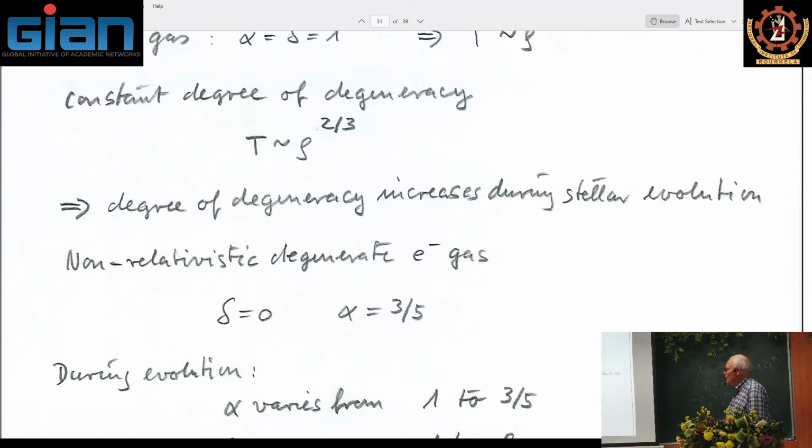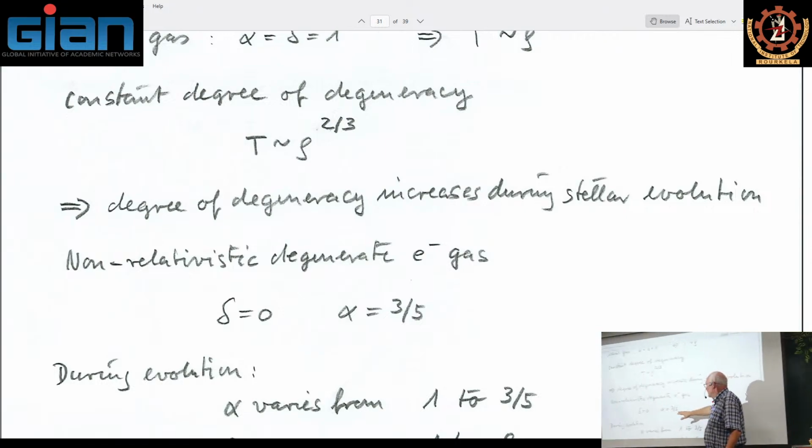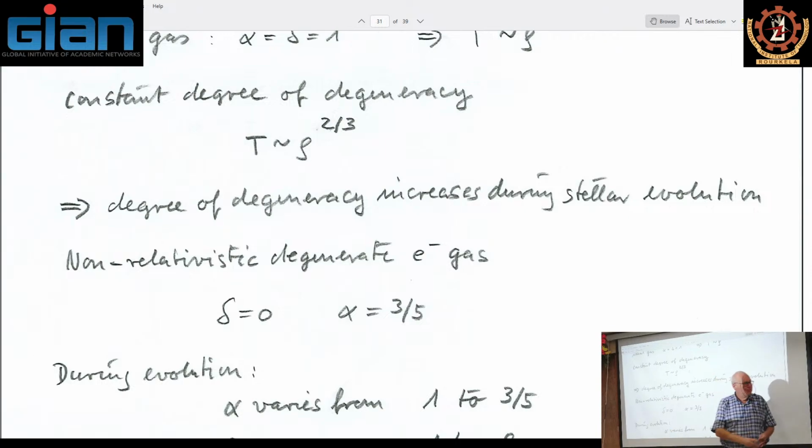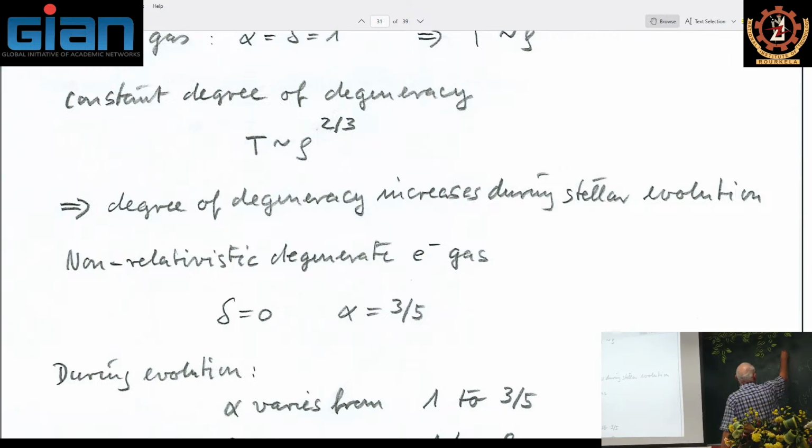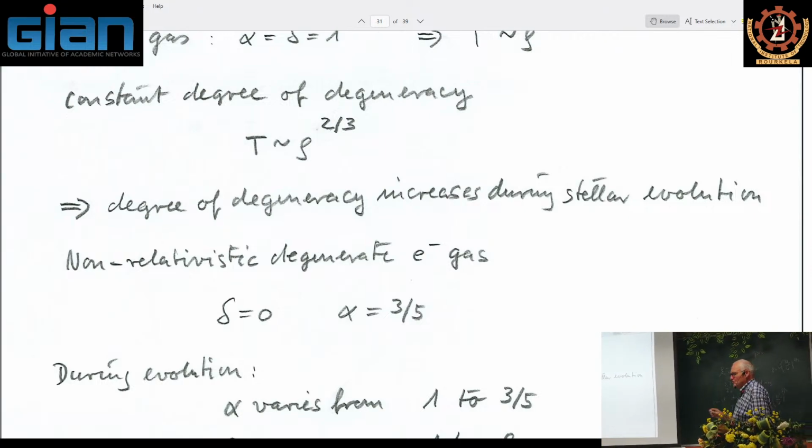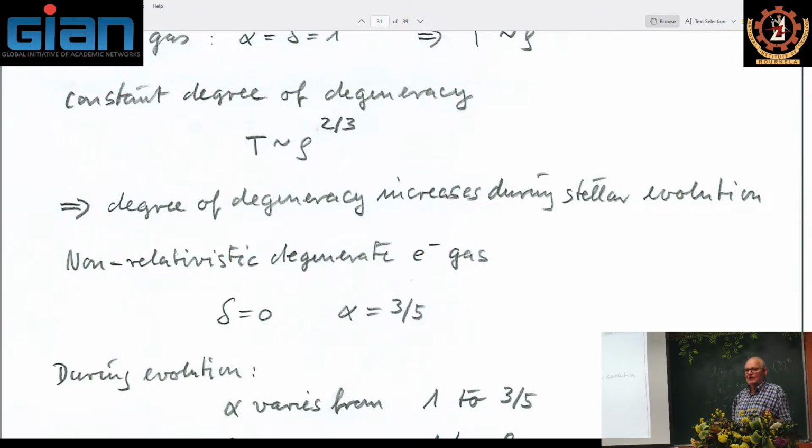Okay, well, what does it mean for the alphas and delta? Well, for non-relativistic electron gas, which will be the final state here, delta is 0. Degeneracy means the pressure does only depend on density, and temperature drops out as a parameter. So the pressure goes like rho to 5/3 for a non-relativistic degenerate electron gas.